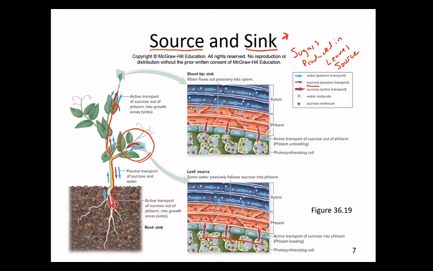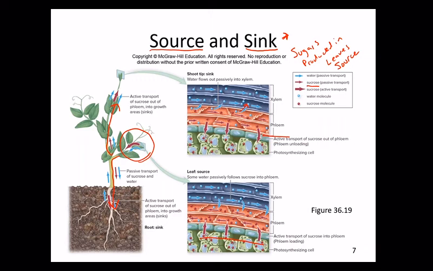And so in this case, rather than moving in, we have active transport of the sugar out of the phloem into the tissues that are using it, and then the water will be returned into the xylem, which will continue moving. And so this is an example of the source and sink concept.